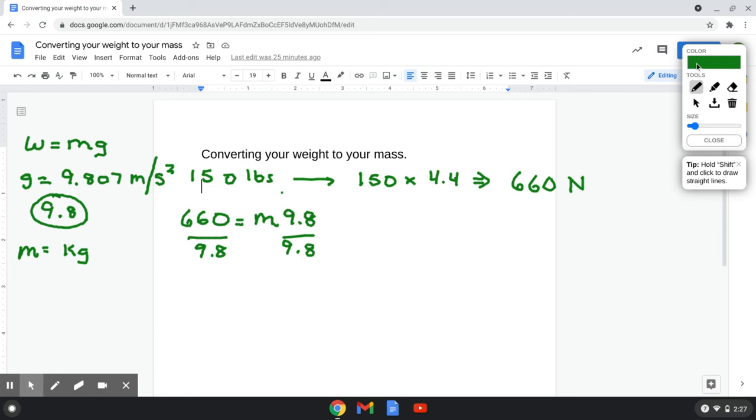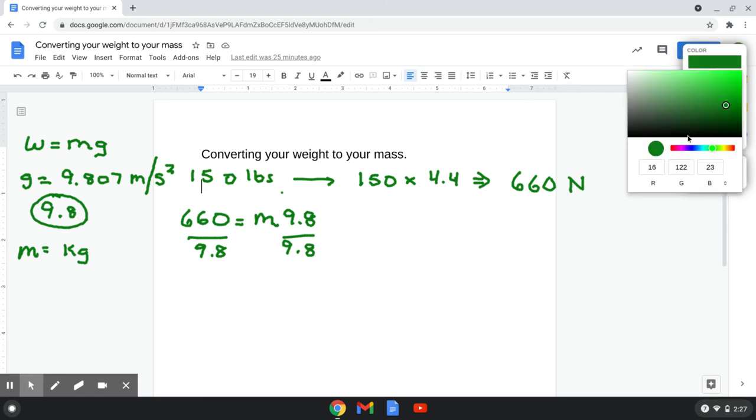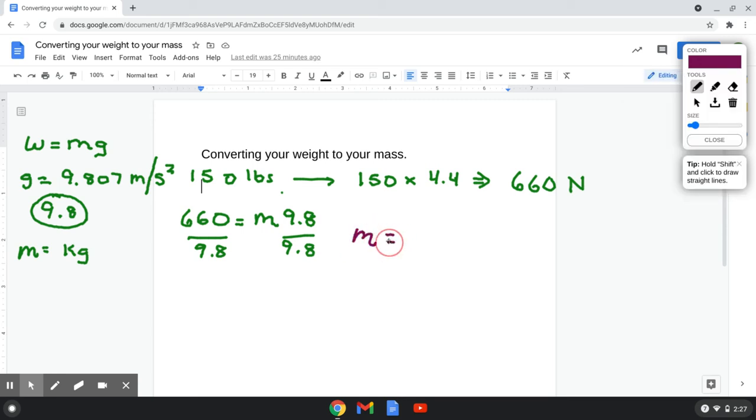Our mass is going to be about 67.35 kilograms, because mass is always in kilograms. That's your mass. That will not change. If you go to the moon, your mass will still be the same. Your pounds will not.